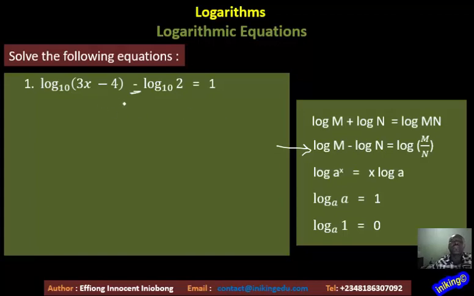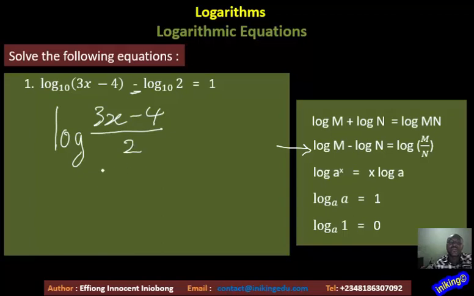So I express the left hand side as a single logarithmic expression by writing the log of 3x minus 4 divided by 2, which is like my n, of course, to base 10 equal to 1.